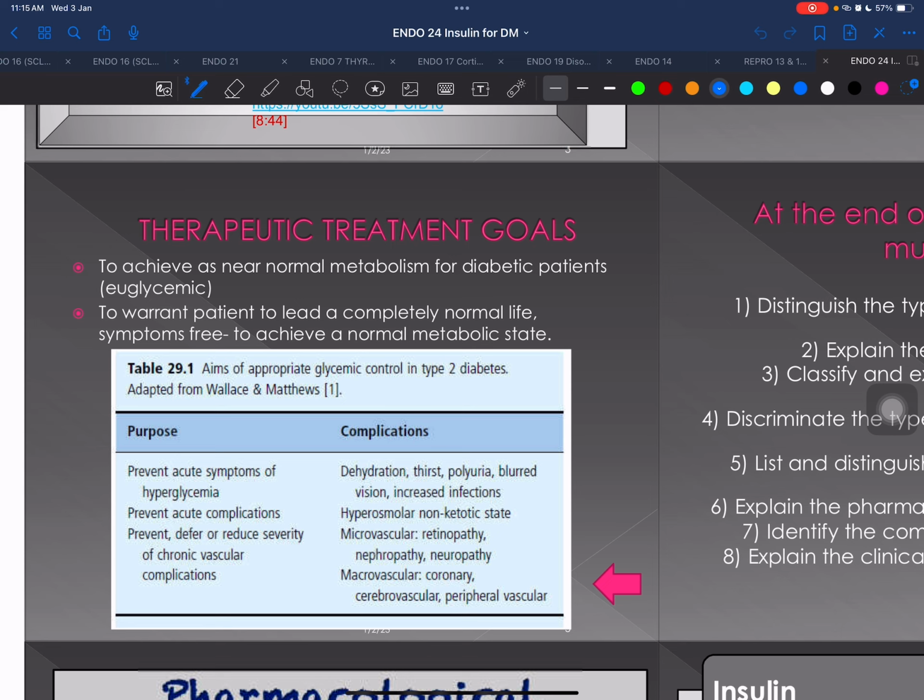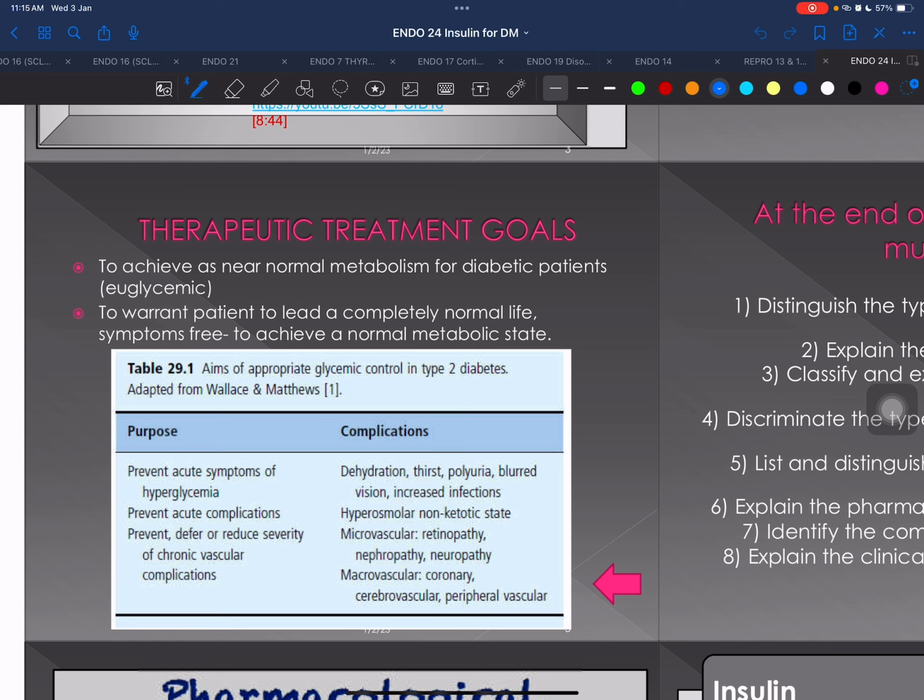Okay, and our purpose is actually to prevent acute symptoms of hyperglycemia, prevent acute complication, and prevent any chronic vascular complication.